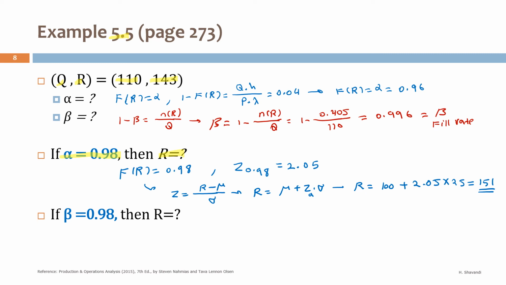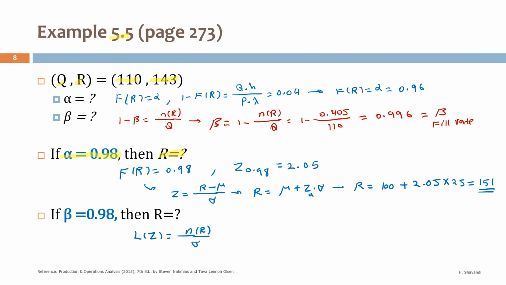Okay. And now let's say that 0.996 for the fill rate is too much for us, and we can decrease it to 0.98. Then let's see what will be our reorder point then. So here we know that L(Z) equals N(R) divided by sigma, right? You remember this equation from the previous section.